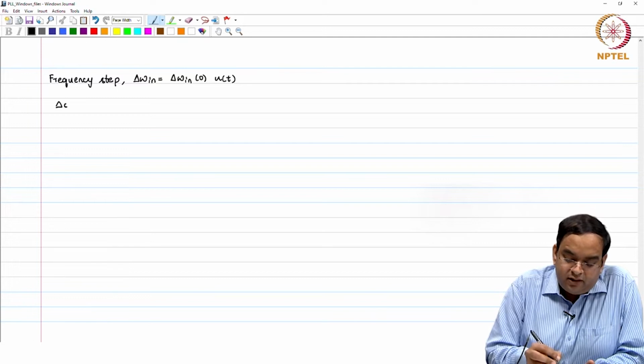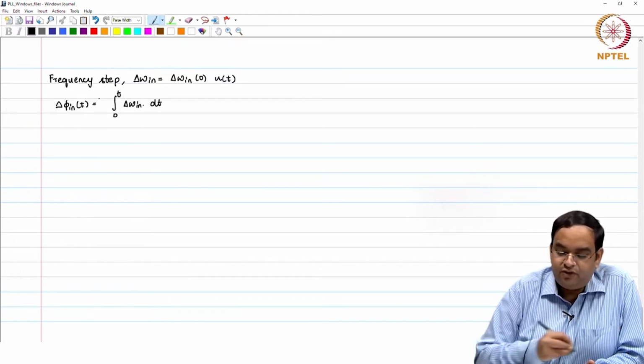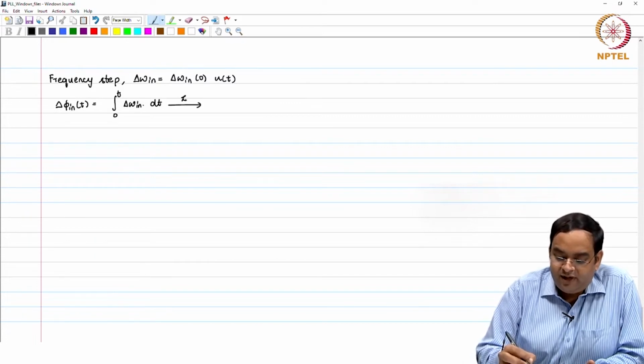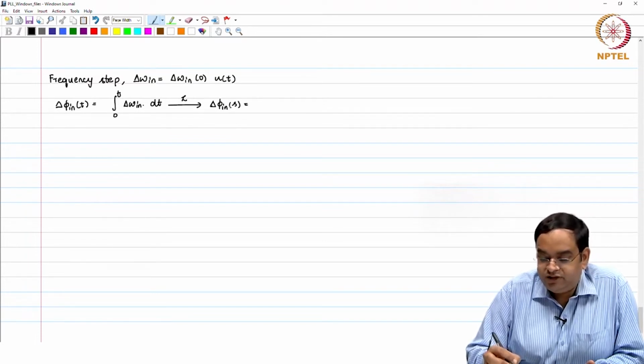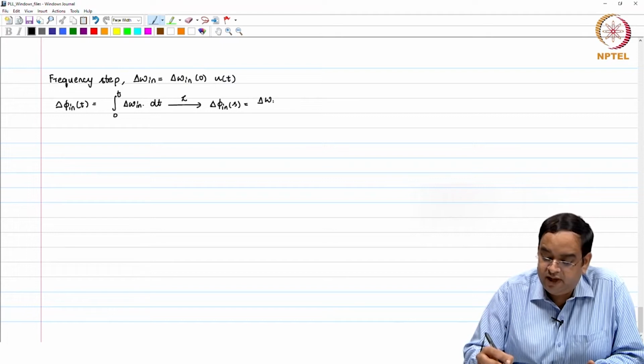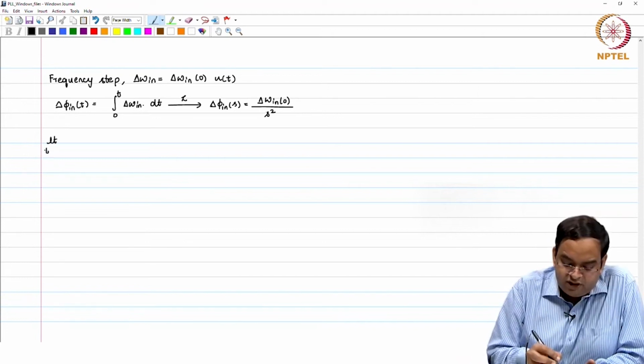We know that delta phase in for an applied frequency step is equal to the integration of delta omega in dt from 0 to t. Now, in the Laplace domain, this frequency step relates to a phase ramp given by delta omega in 0 divided by s square. We would like to find the phase error as t tends to infinity for the frequency step.